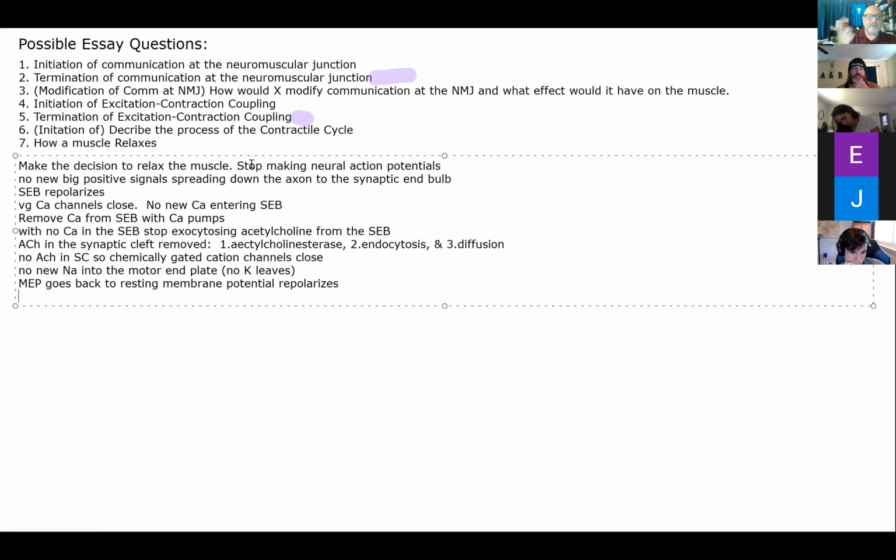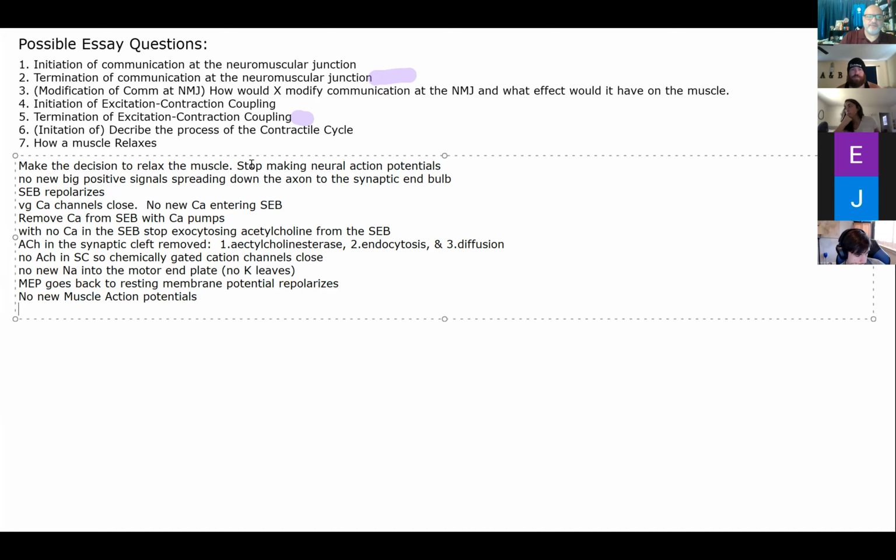Excellent. So what happens when the motor end plate repolarizes? No new muscular action potential. Excellent. No new muscle action potentials. All right, so also no muscle action potential spreading down the sarcolemma and down the transverse tubule.